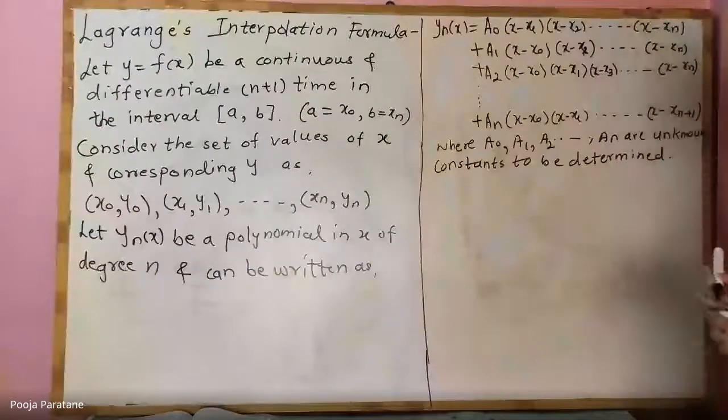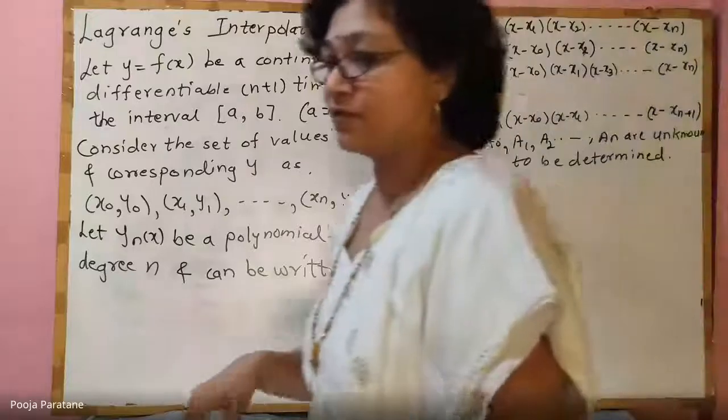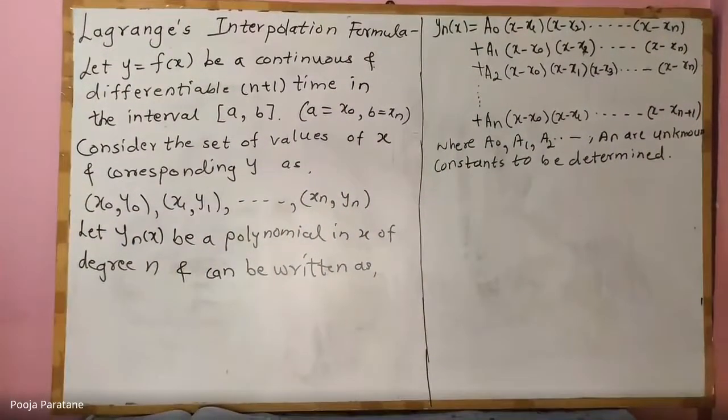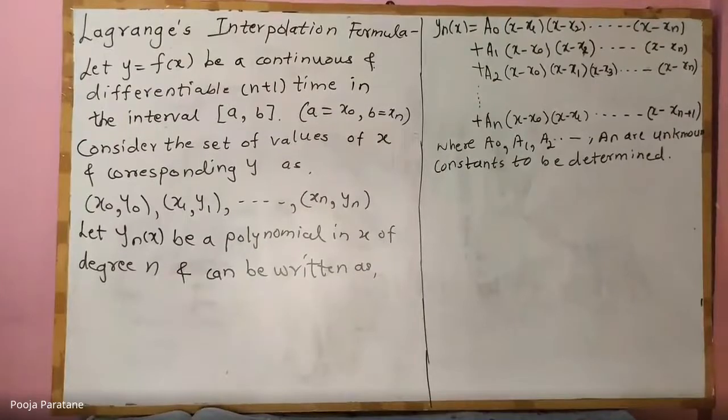So we will use the given data of values of x and y. We can find the value of the unknown constants, a0, a1, up to an.